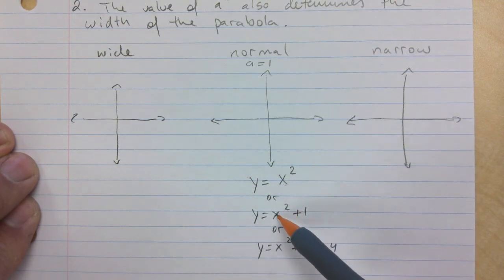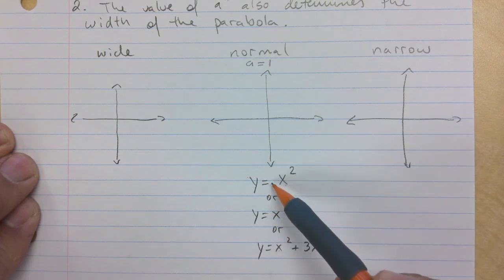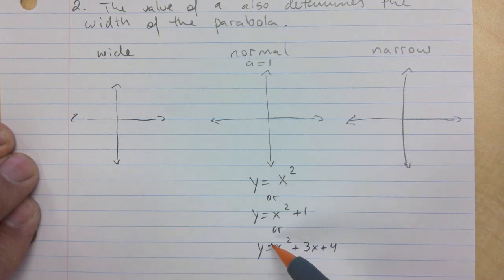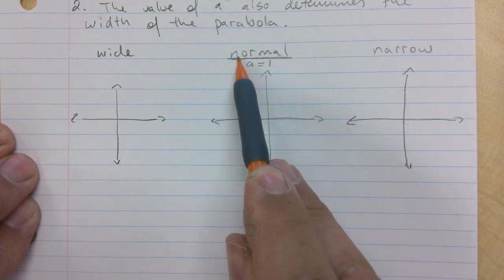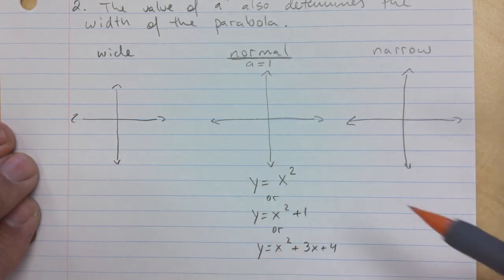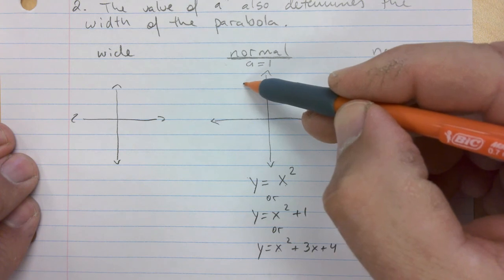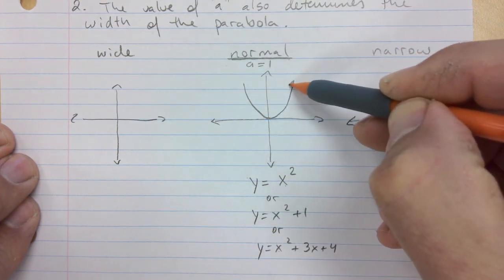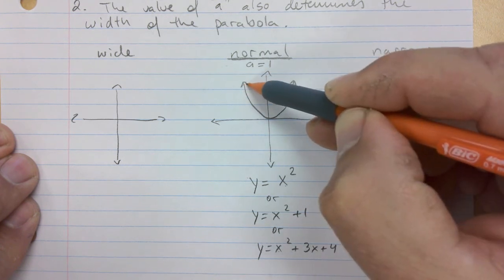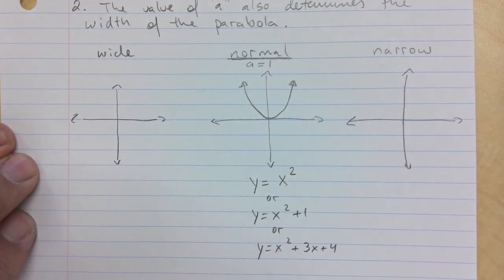In every single case, the leading coefficient is always 1. We consider that a normal opening when we talk about width, okay? And it's always going to look somewhat like this. So we just make your parabola and you make it go up like that, okay?